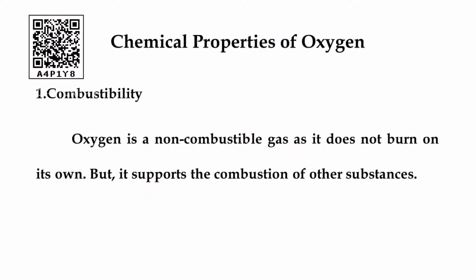Then, among the important chemical properties of oxygen, the first property is known as combustibility. Combustibility is when a strongly bound material can be split into looser material. That means such a material, in the presence of oxygen, undergoes burning, where the tightly bound particles become loose. This process is known as combustibility.